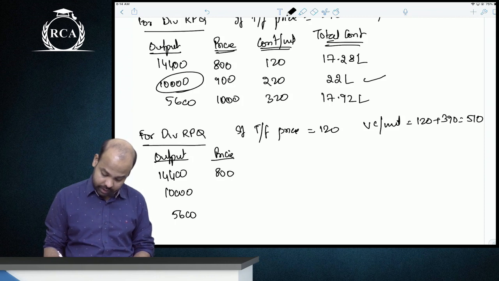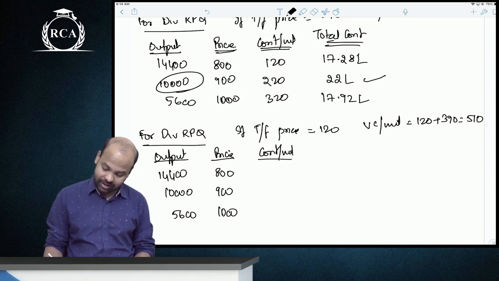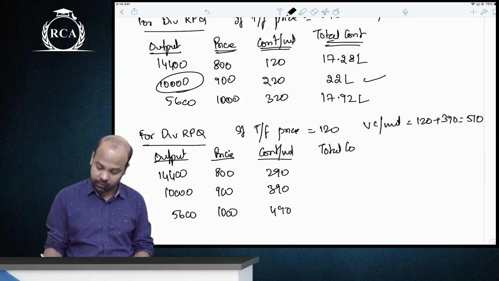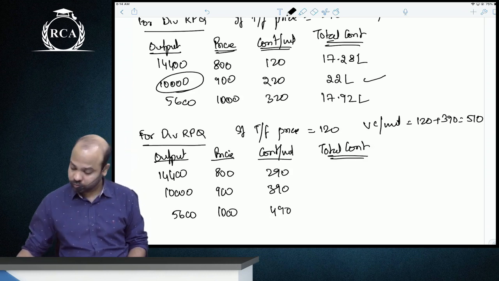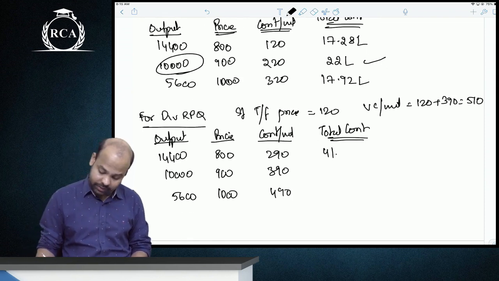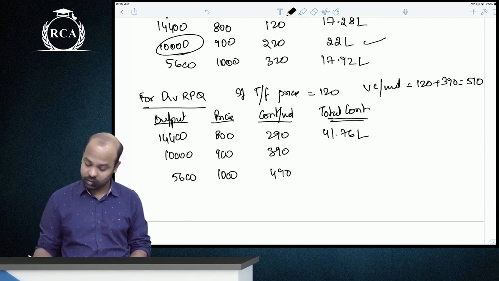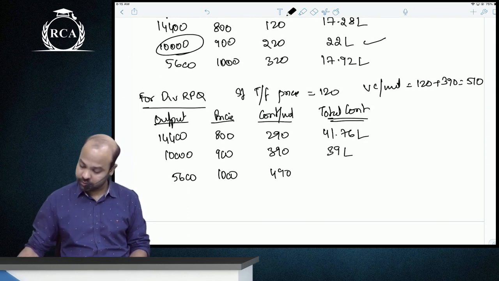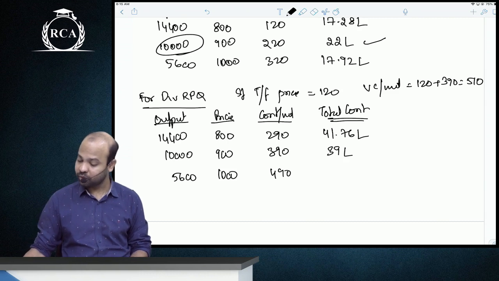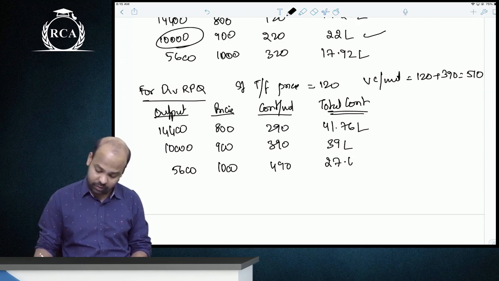Price is 800, 900 and 1,000. Contribution per unit would be 290, 390 and 490. Total contribution: 14,400 into 290 is 41 lakh 76,000. 10,000 into 390 is 39 lakhs. 5,600 into 490 is 27 lakhs 44,000.